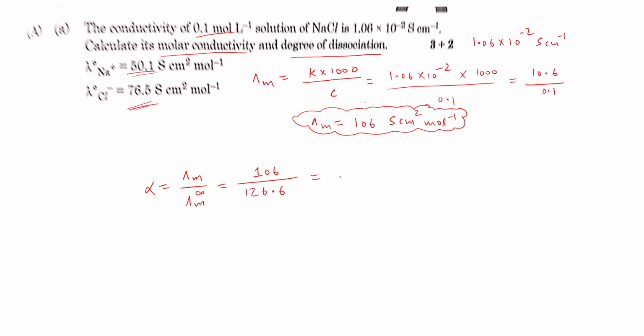When we divide, alpha will nearly come to 0.837. So this should be the approximate value. Alpha is 0.837.